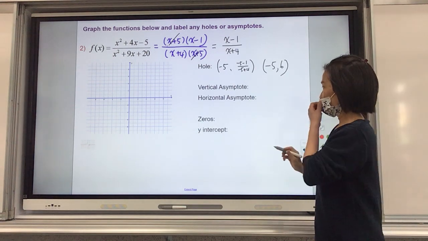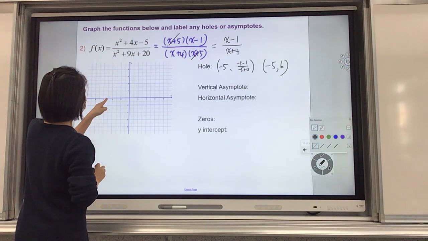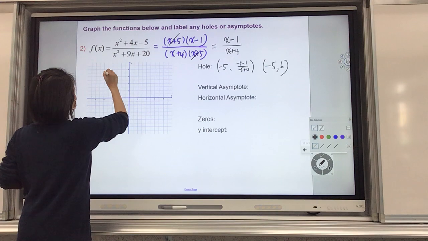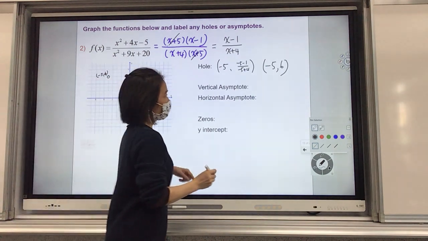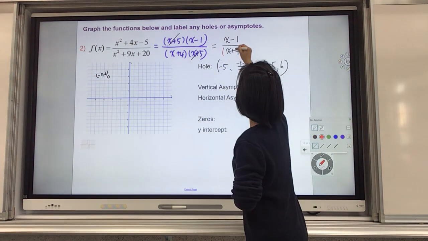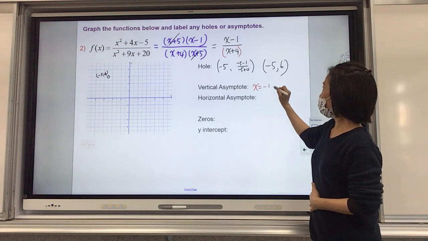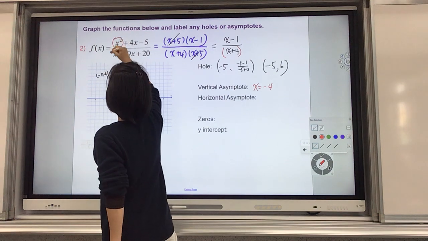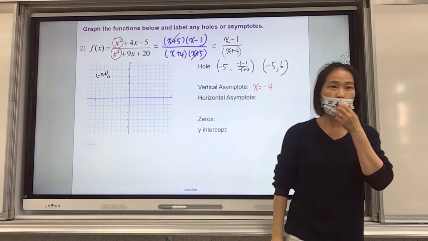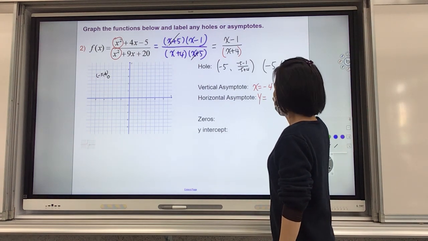Great. -5. 1, 2, 3, 4, 5. 1, 2, 3, 4, 5, 6. And plot it. Vertical asymptote. Denominator. X is equal to -4. Horizontal asymptote. Do they have the same degree? So 1x squared divided by 1x squared, y equals 1.